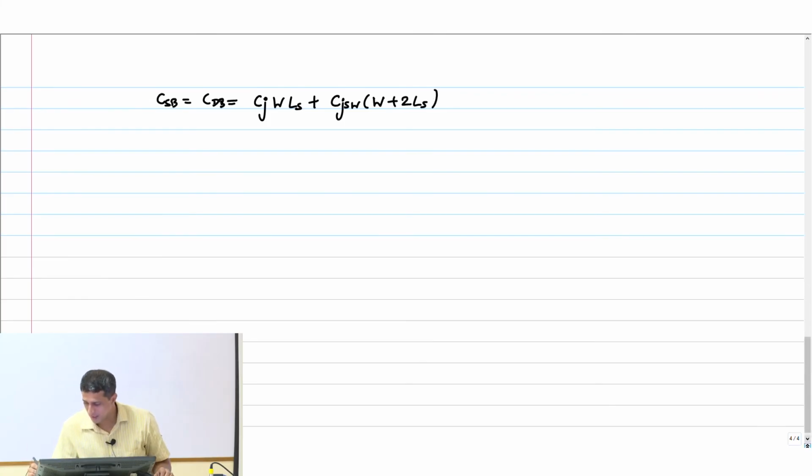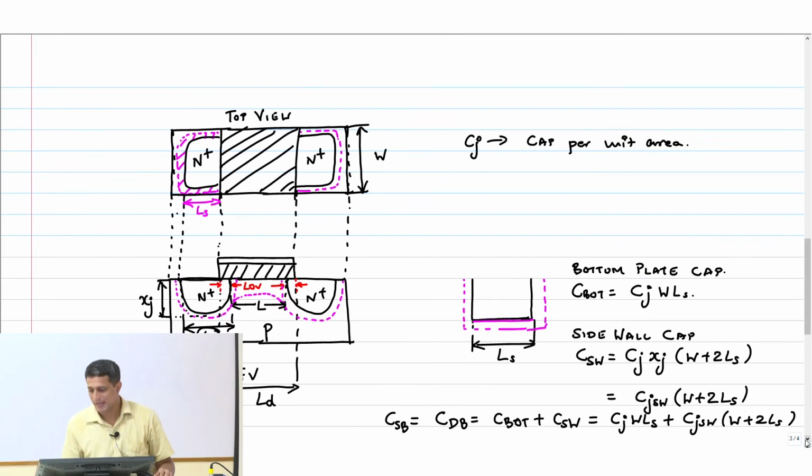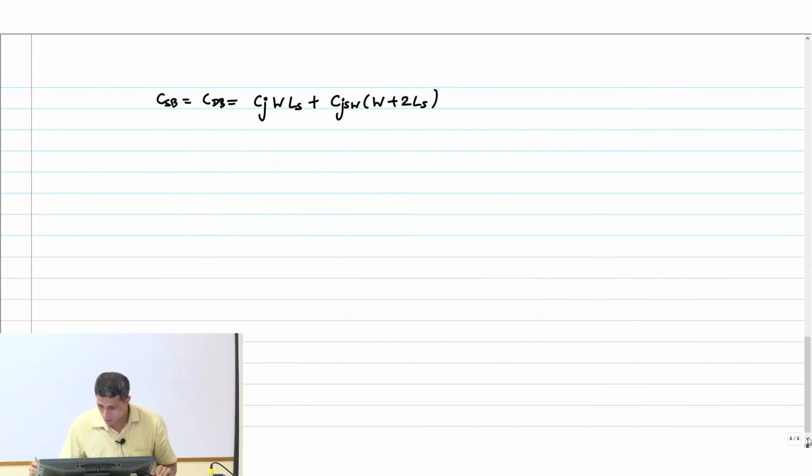My question I asked you is, like I combined this into CJSW, why can't I combine CJ into LS and give you one number? Say that also I will make it a capacitance, because now look at what is happening.